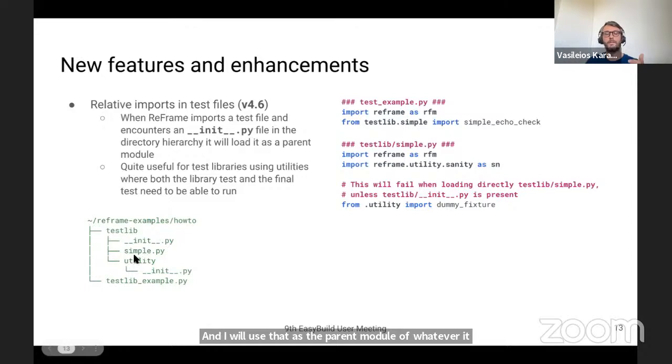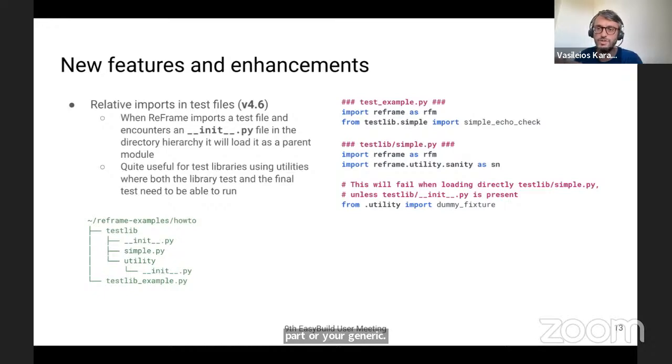So when it loads simple.py and we do from .utility, it knows that simple has a parent called testlib. So Python knows where to find init. And this way you can either run immediately your site-specific part or your generic test, for example, when you want to explore a new system or a new setup, and so on.